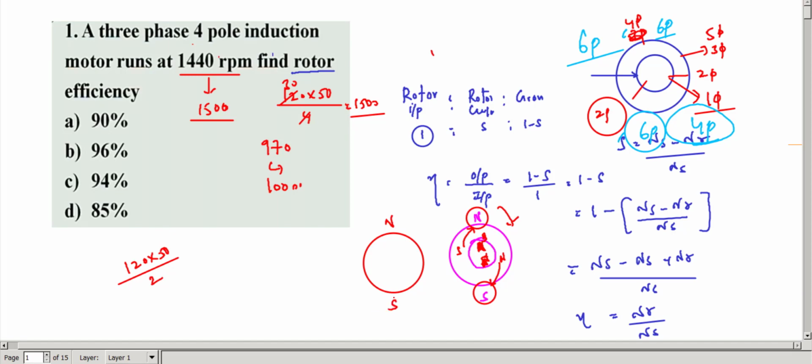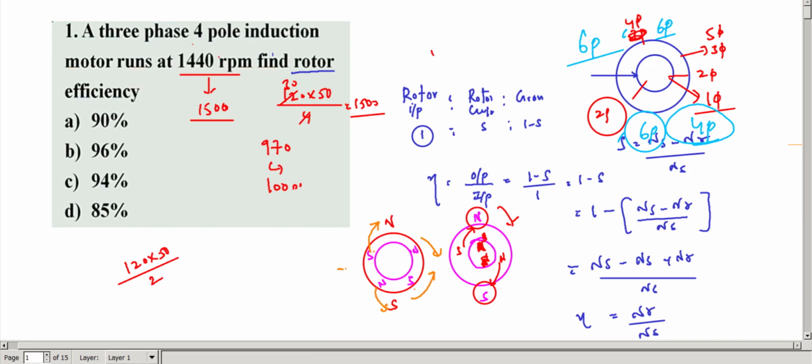For example, north pole and south pole, this is a stator. If I have a rotor, let's think here I have a south pole, here I have a south pole, and here I have a north pole, here I have a south pole. You can see here this south pole attracts towards this north pole, repels towards this. Here the south pole repels towards this north pole, attracts towards this.